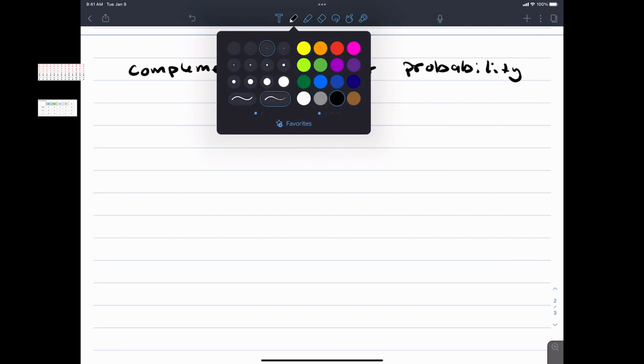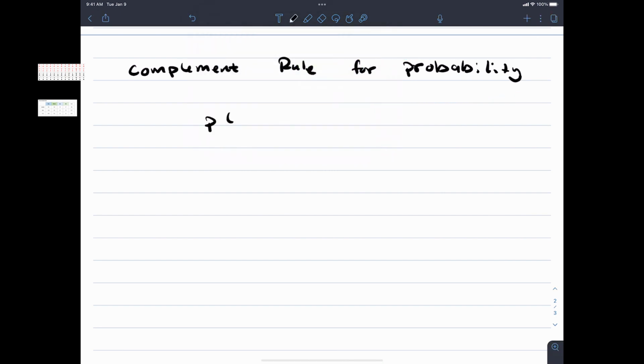Now, here's what it is. The probability of an event plus the probability of the complement equals what? 1.